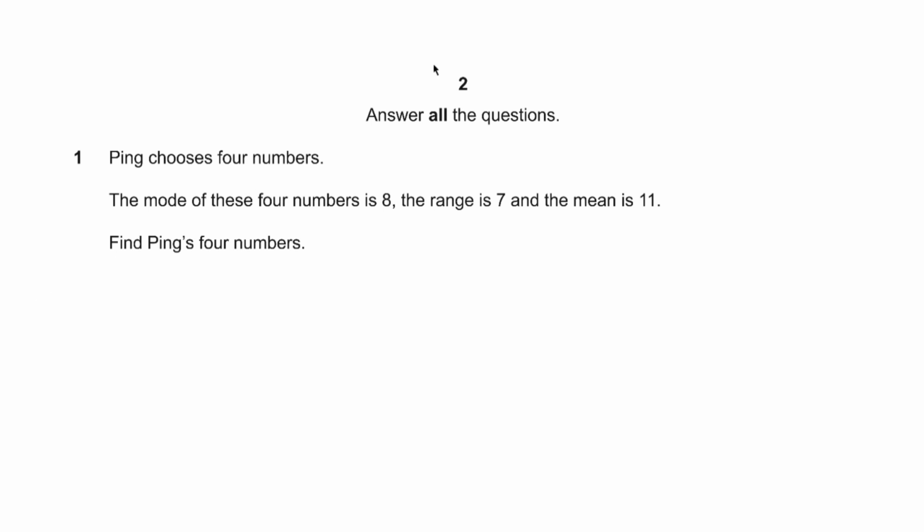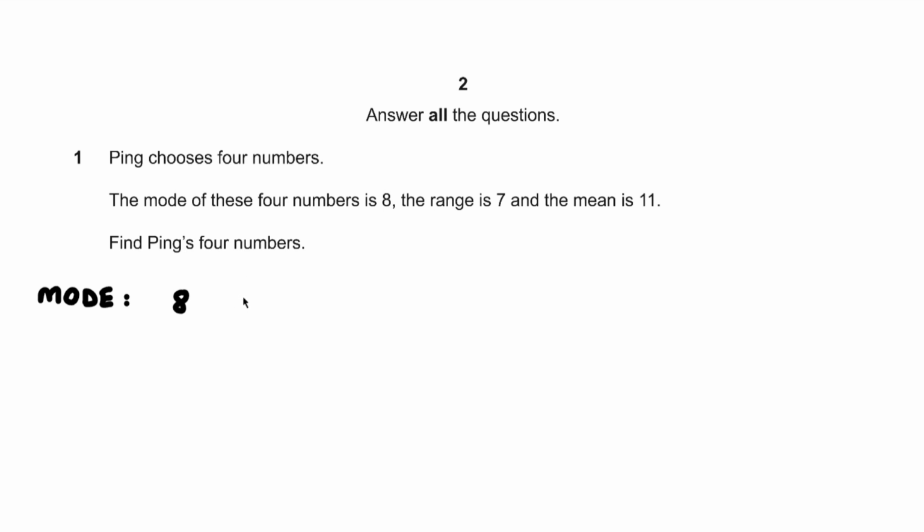So if we think about the mode, well, if I have one 8, this situation will not work because the mode is 8. I need at least 2 of the 4 numbers being 8.